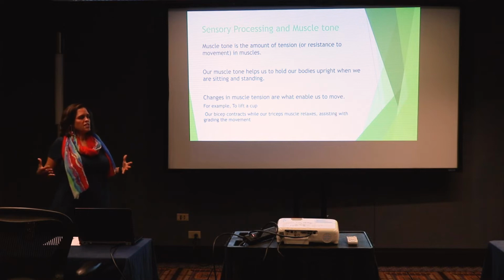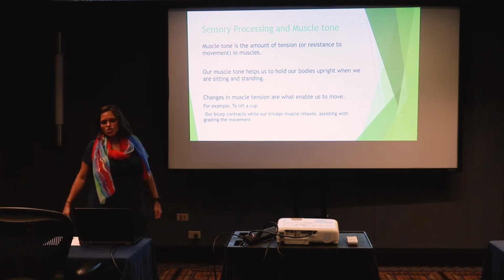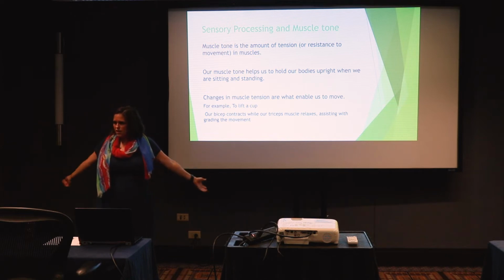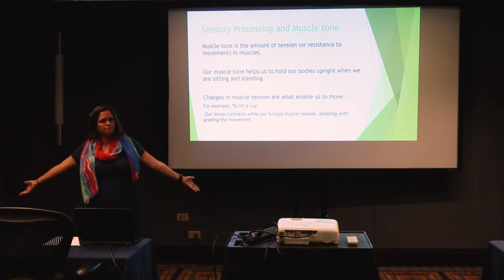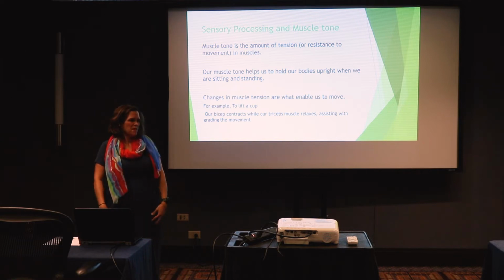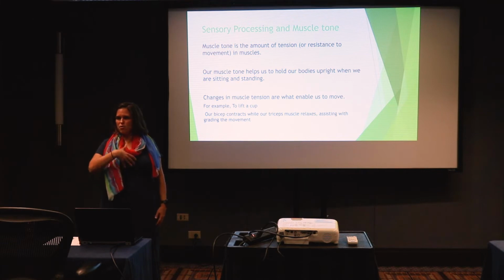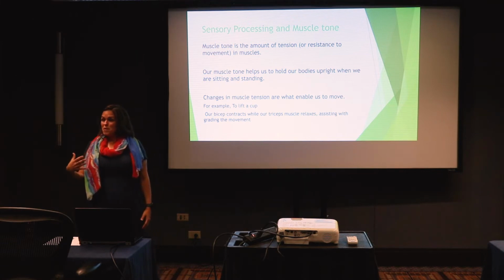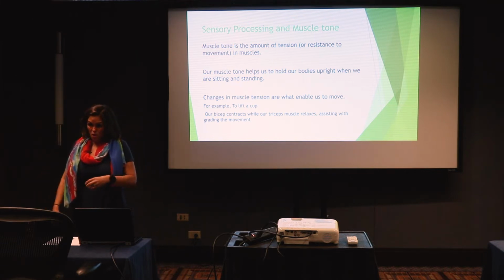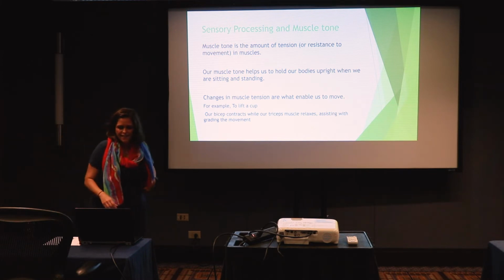While you're sitting, while you're standing, it gives us our big base for all movement. It's those changes in our muscle tone that let us move. So you can resist coming up. You're activating multiple muscles all the way up. How do I hold myself up? But all those pieces, you're getting information all the time from those proprioceptive receptors, okay?